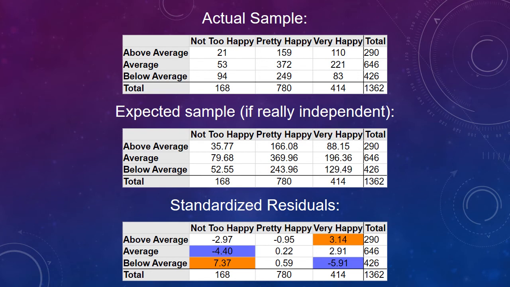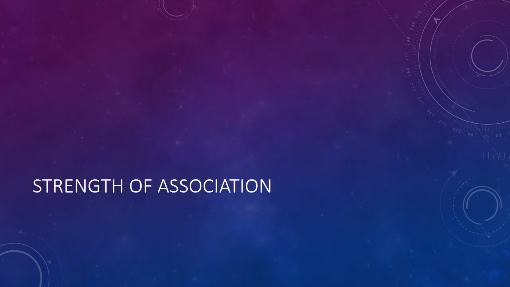Notice the similarity between what we did here on the individual cell level and what we do in the statistical test of categorical association. We looked at the difference between what we actually got and what we expected to get if the variables were independent, and we compared that difference with the sampling distribution to see how unusual what we actually got was. In the statistical test, we added up all these differences to get an overall idea of where an association was.